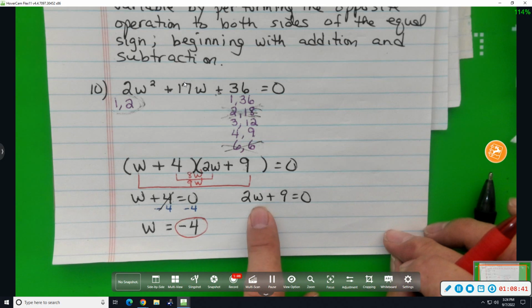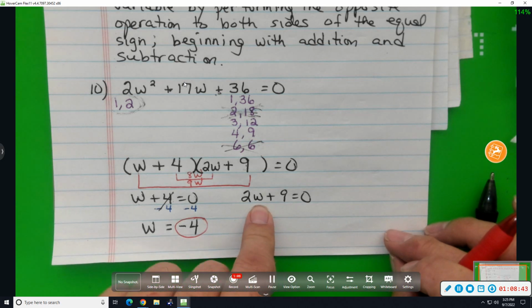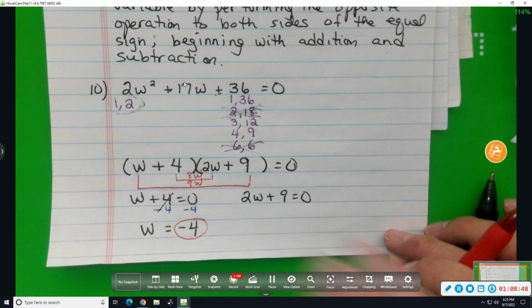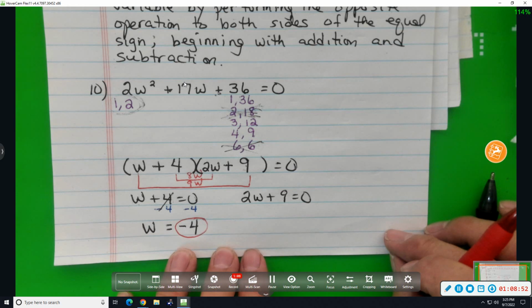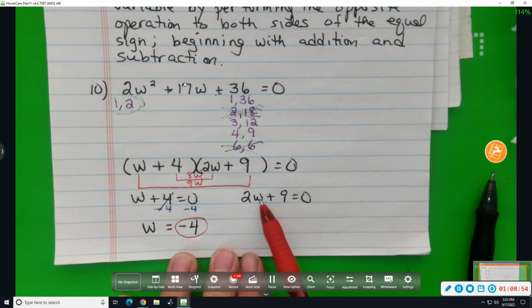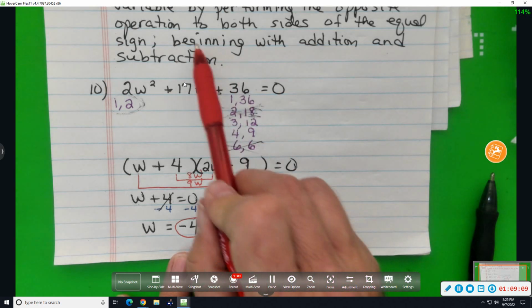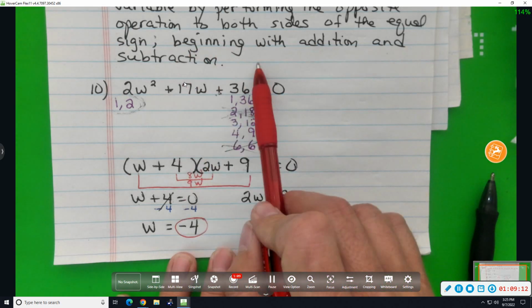Now, usually very early on in the first algebra class, you do this isolating the variable stuff, solving linear equations. Like here, to isolate this W. This is 2 times W. The opposite of that would be division. The opposite of adding 9 is subtracting 9. Well, what are we going to do first? Divide or subtract? Beginning with the addition and subtraction.